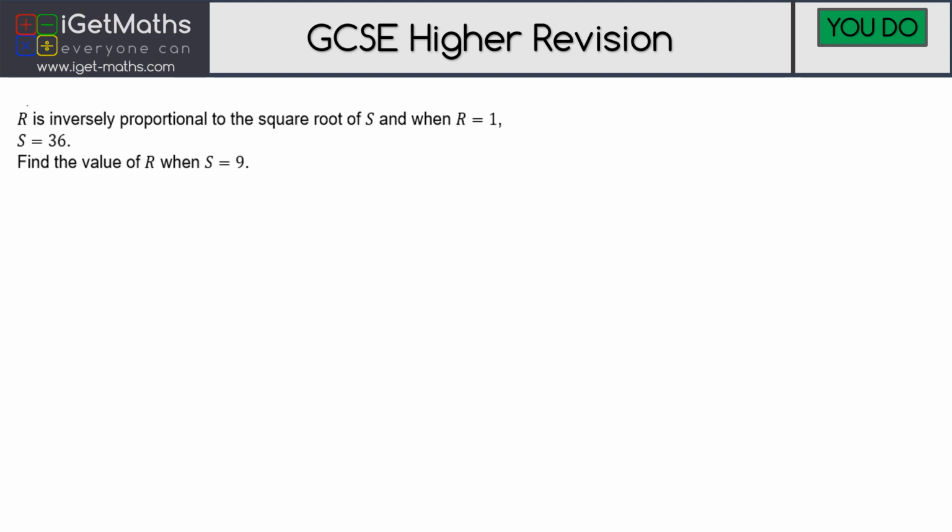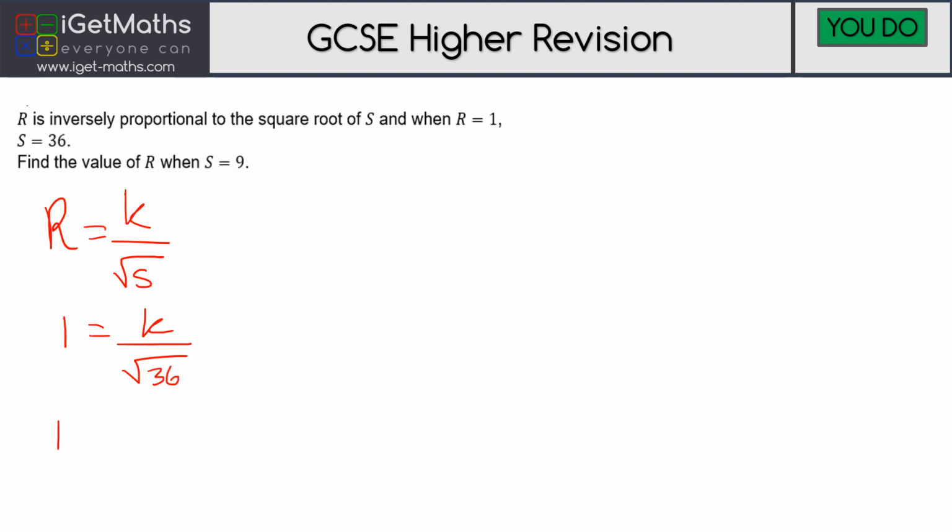Okay, so your question, R is inversely proportional to the square root of S, and when R equals 1, S equals 36. Find the value of R when S equals 9. So remember, you put R equals K, inversely proportional is K over the square root of S. When R equals 1, S equals 36, so that's the square root of 36, and the square root of 36 is just 6.